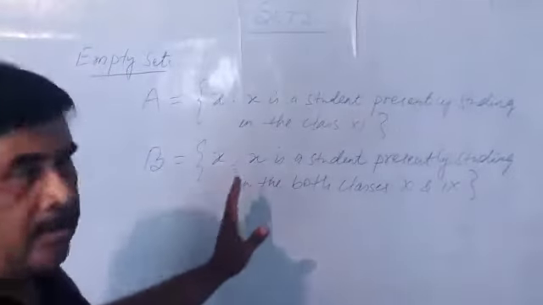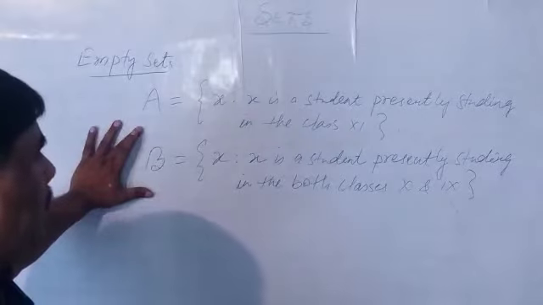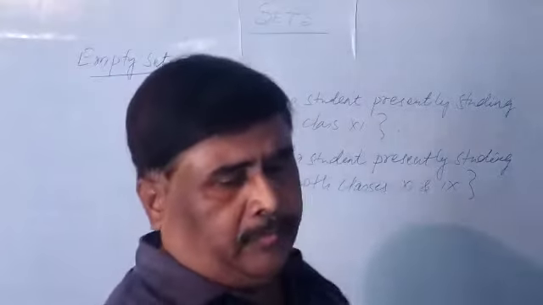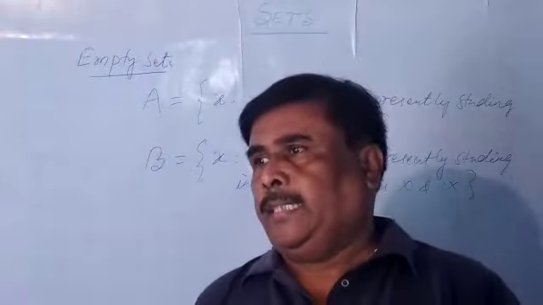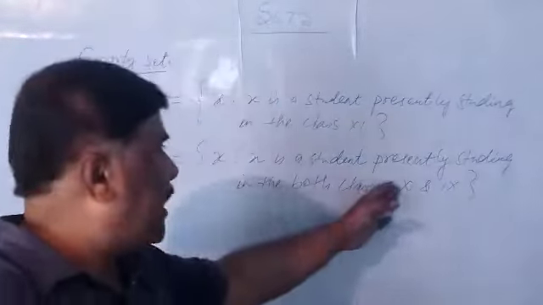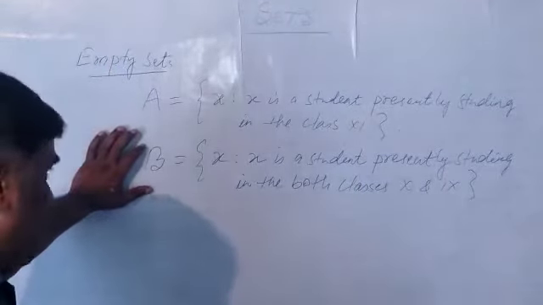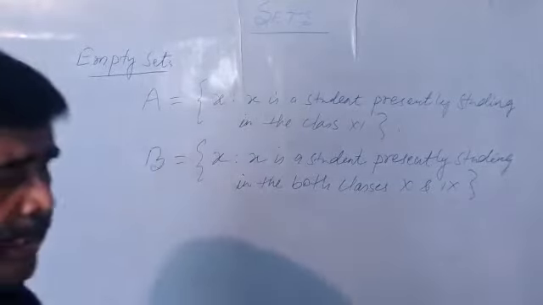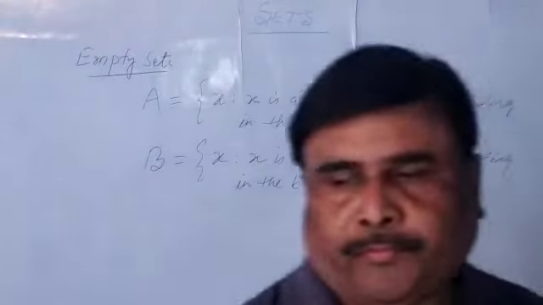If we observe the second set, which is given in roster form, then we will find that it is impossible for a student to study in both of the classes simultaneously, in class 10 and 11. So it means in set B the number of students is not a natural number, right?